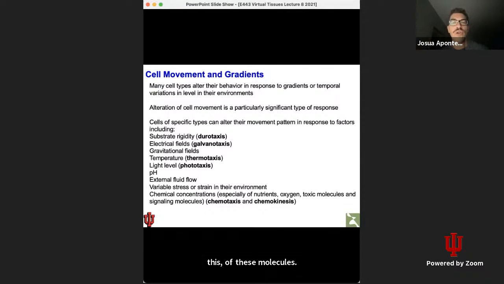There are other physical factors that might also induce cell movement. But in general, we will represent cell movement due to a certain field using the idea of chemotaxis, the idea that the cell moves because it's able to sense differences in the gradients of these molecules.